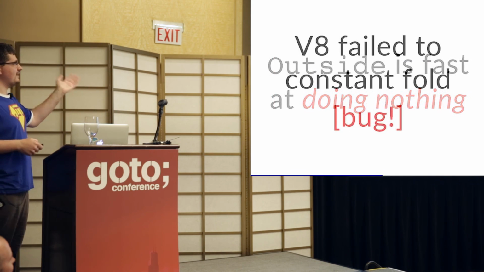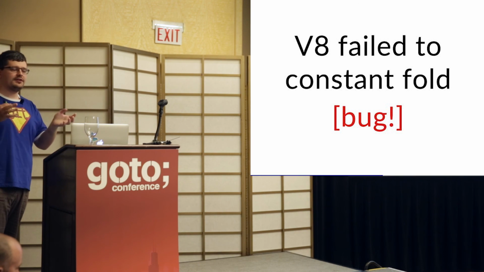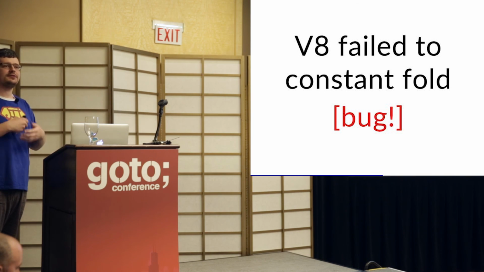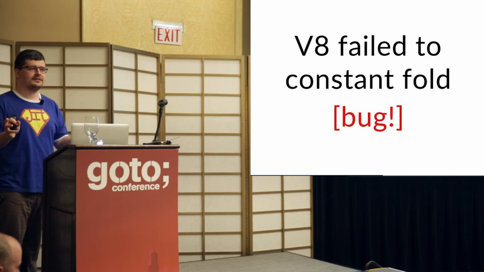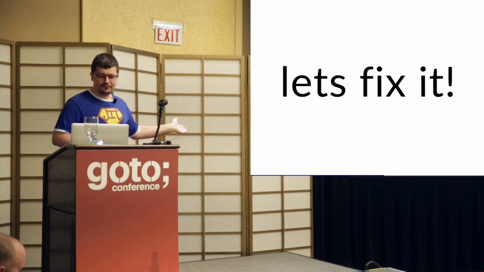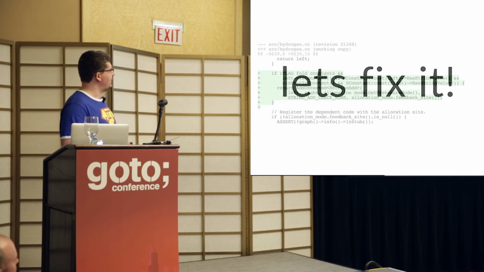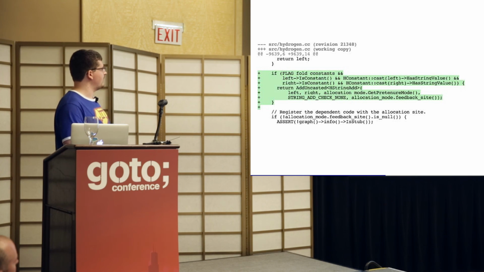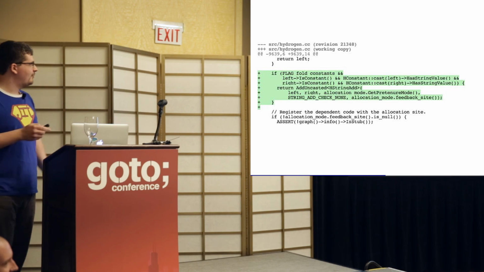So the truth is, V8 failed to constant fold the case when you had two literals together, which is counterintuitive. It was a bug which was fixed. So all the bugs that I show you here, they were fixed, maybe. So this one I, for example, fixed myself before it was even fixed in V8. And it's a pretty simple fix after you spend a couple of years in V8. But I'm not going to go into details of what's happening here.